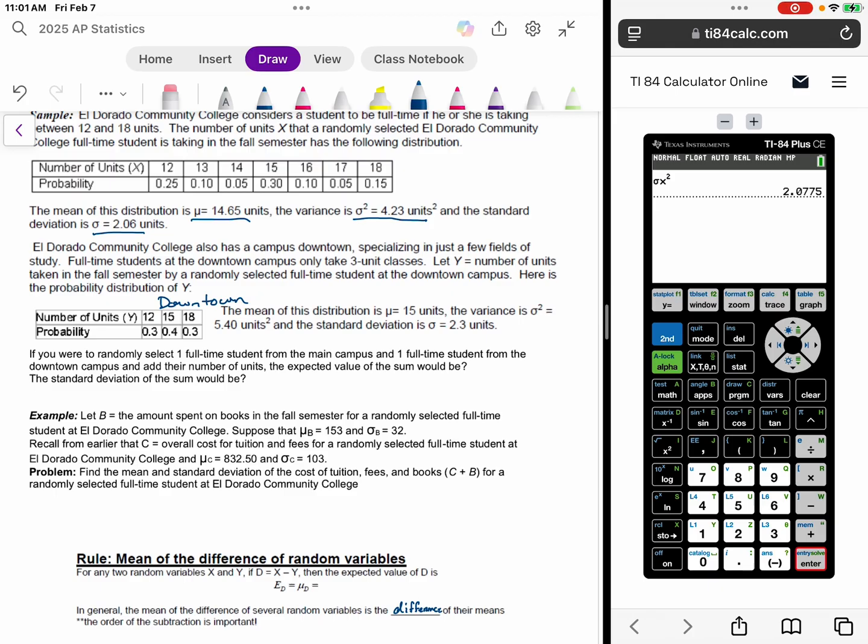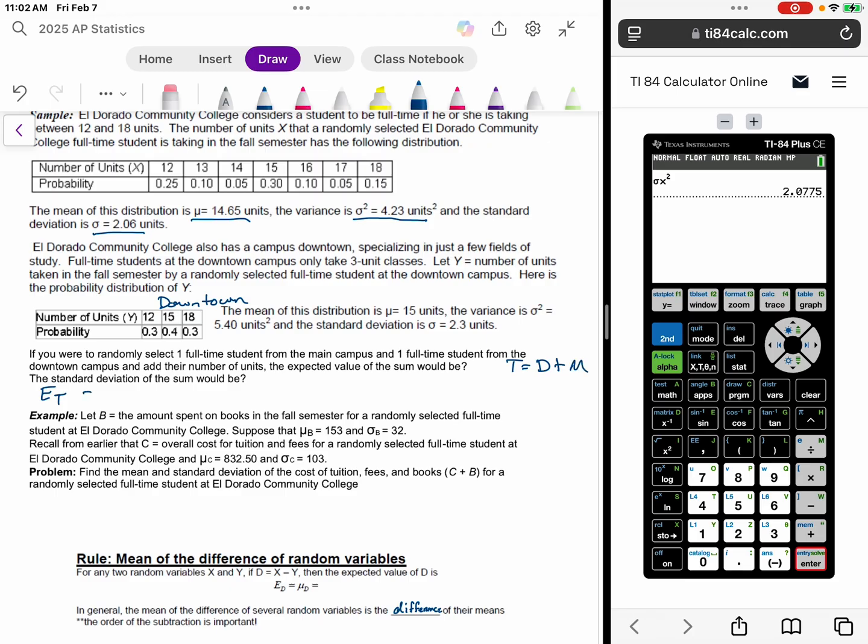They're asking us, if we were to randomly select one full-time student from the main campus and one full-time student from the downtown campus and add their number of units, what would the expected value of the sum be? And we're going to say T is equal to the downtown plus the main campus.